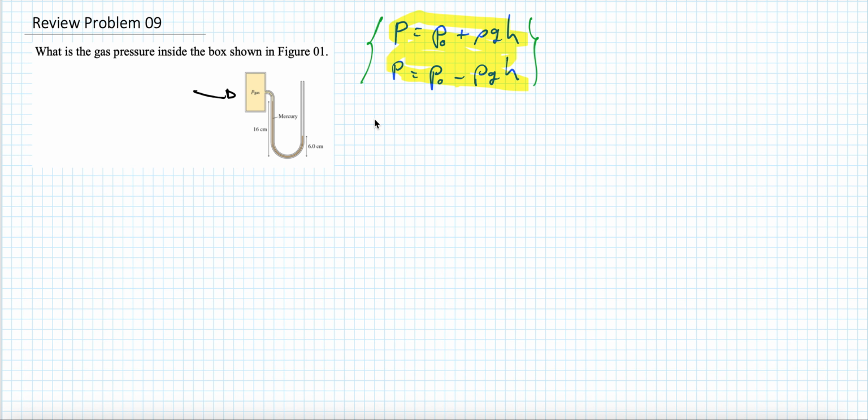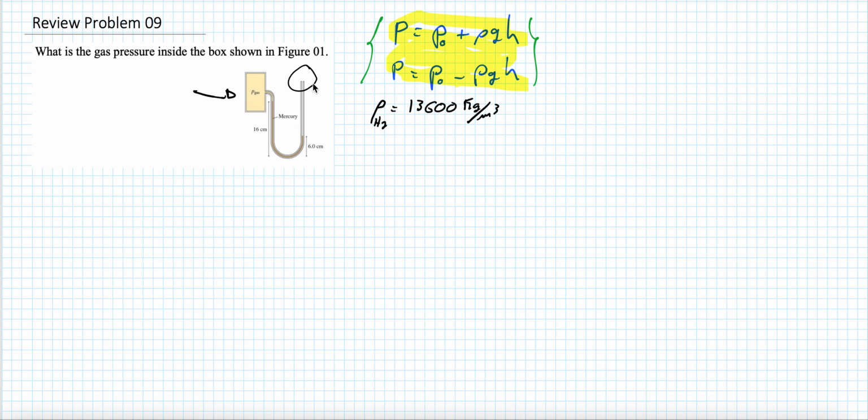The density of mercury. Hg is what we see as mercury in the periodic table, and it's going to be 13,600 kilograms per cubic meter. We are dealing with this mercury here, and up here it is open.